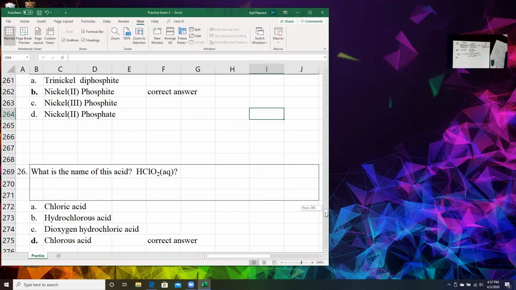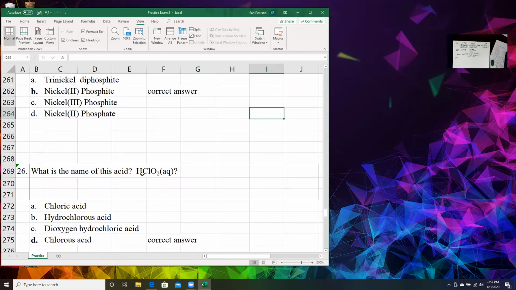What is the name of this compound? Well, it is an oxyacid, and it's going to be named from the polyatomic anion. ClO2 minus 1 is chlorite, so this is going to be chlorous acid. It's not chloric acid; that would come from the chlorate ion, ClO3.